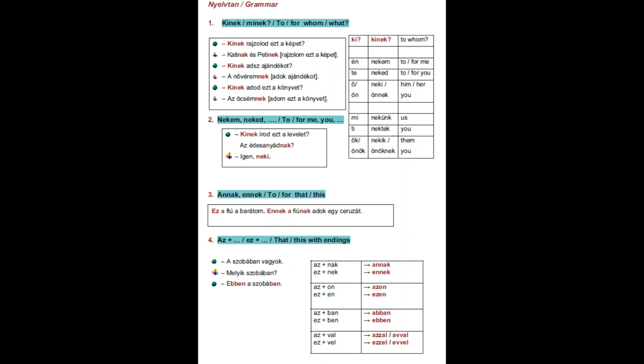Okay, I hope that wasn't too confusing. At the top, like I said, you could very easily write in the same thing. Kinek is who, for whom, and minek is what or for what, okay? Or, why, even depending upon the context of the sentence.